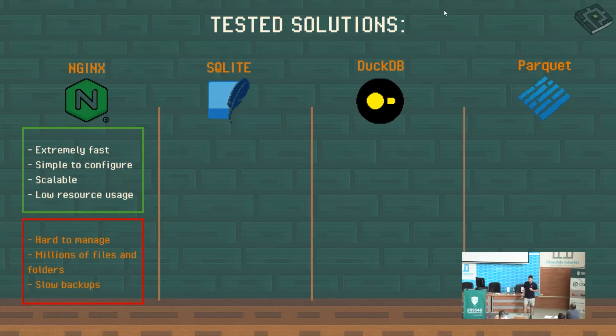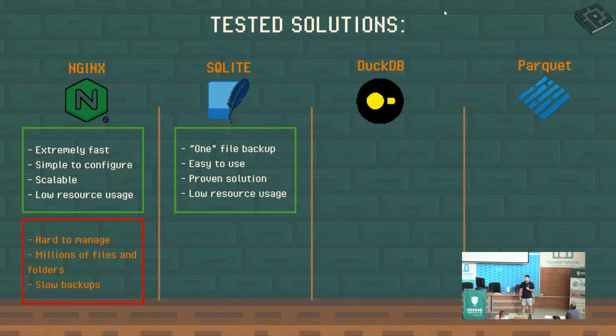But if we use Nginx, it can be hard to manage. We have to work with millions of files, and because of that, we will have extremely slow backups. On the other hand, SQLite, we have one file backup. It's easy to use.